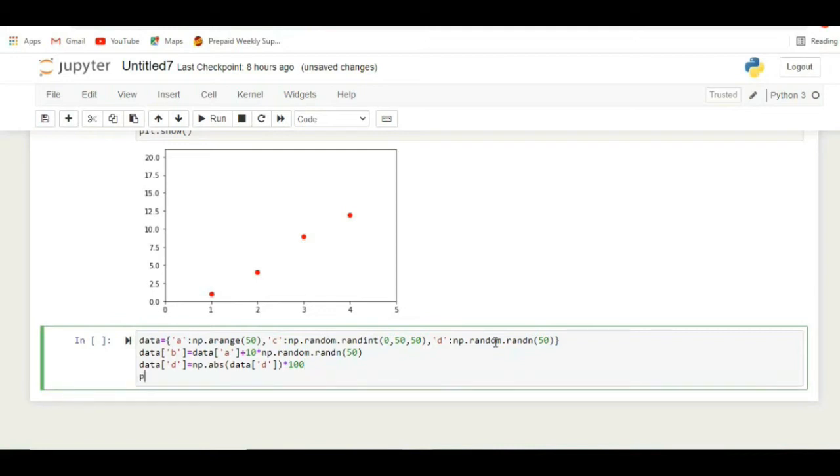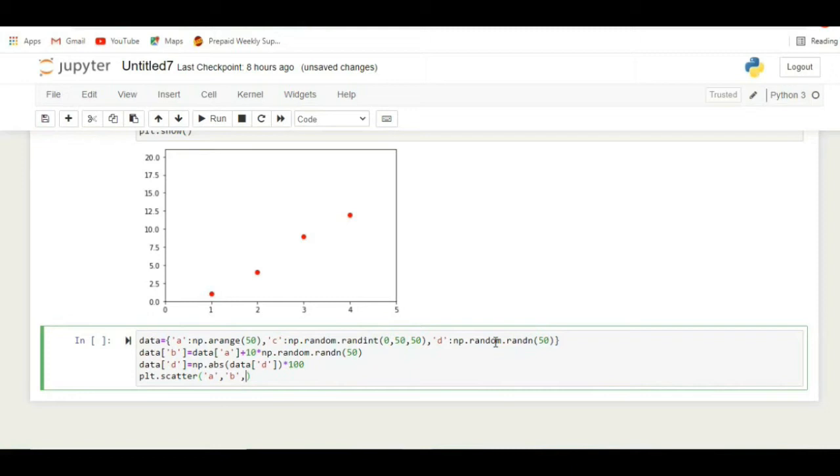And now you will write plt.scatter. Actually this is a graph of scattering objects. If you want to make a graph of scattering objects in Matplotlib, then you will write scatter, A, comma, B, with A and B inside single quotation marks.